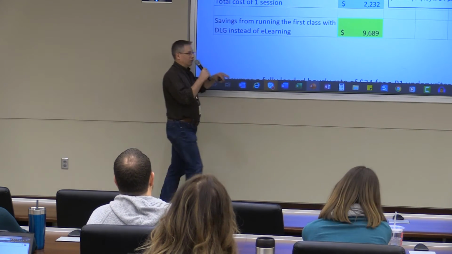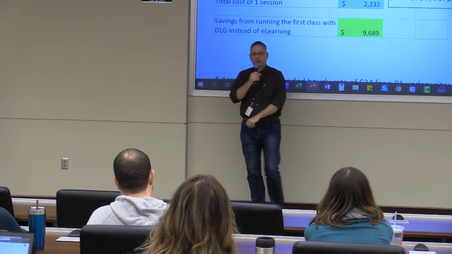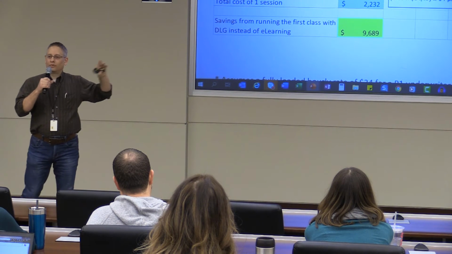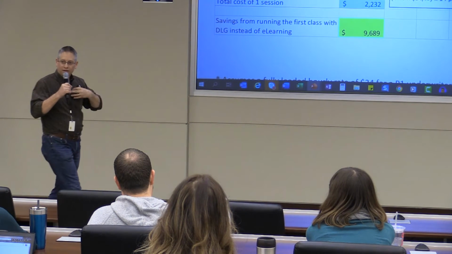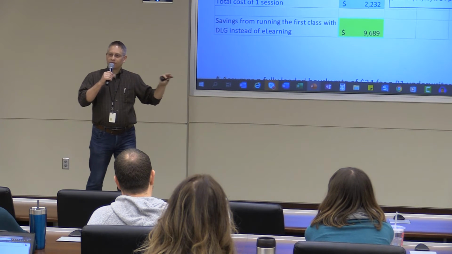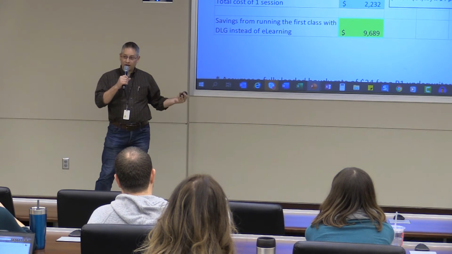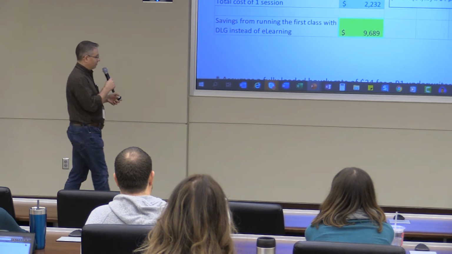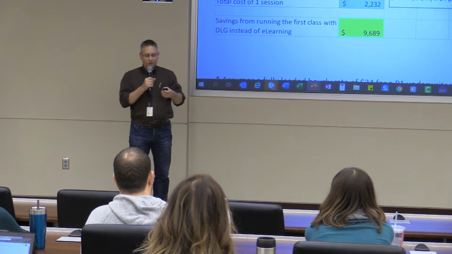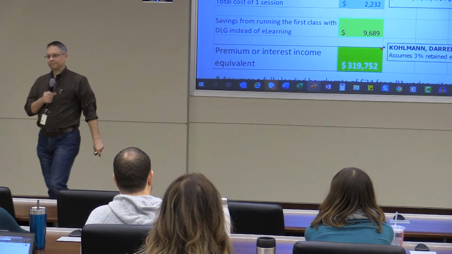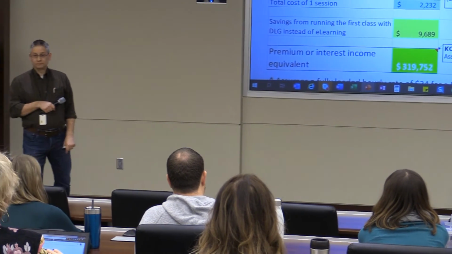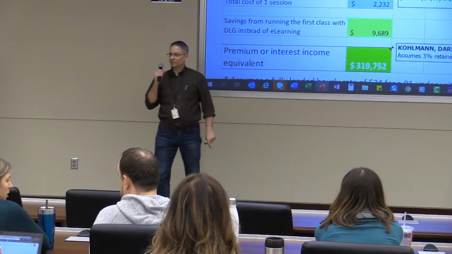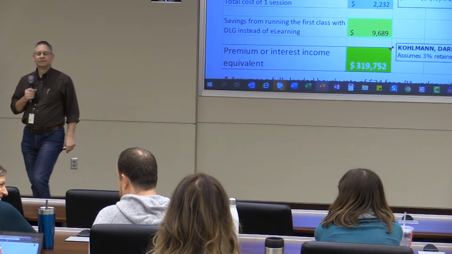So, if you were to take this number and flip it around, what would this be worth, this amount of savings, if we were either in sales, bringing in premium, or we were on the investment side, investing the company's money in order to generate revenue? The equivalent of this number in premium or interest income is that. Yeah, that's a nice number. And remember, yes, please press the button.